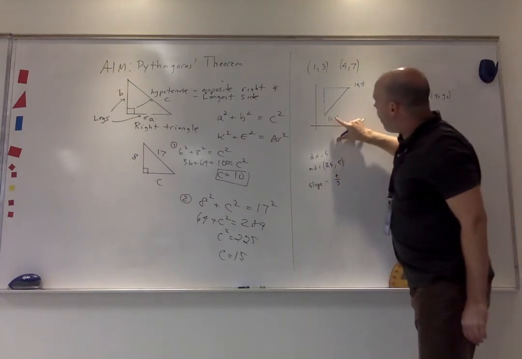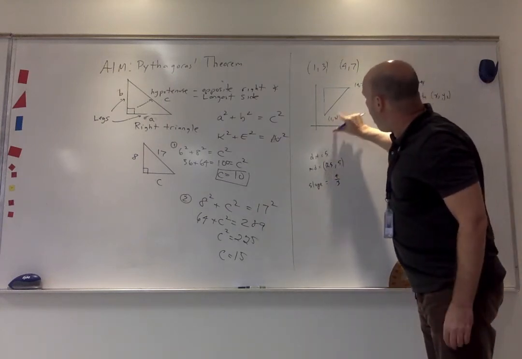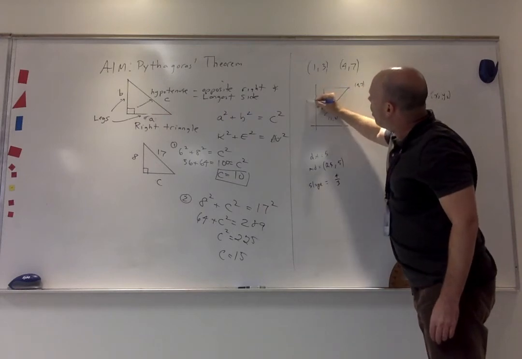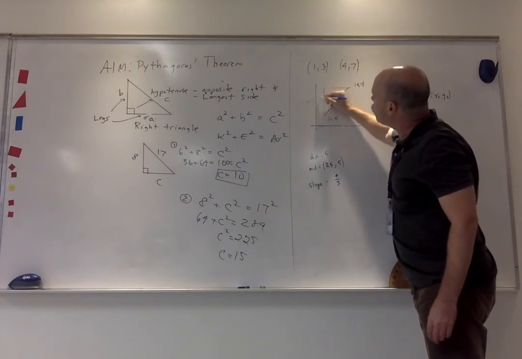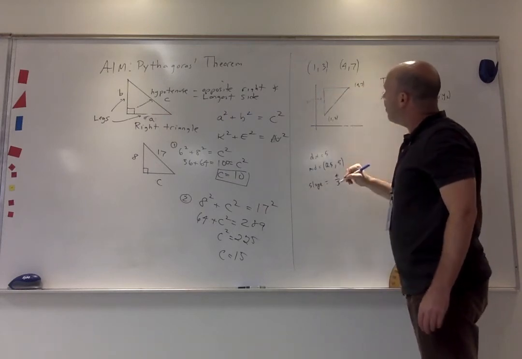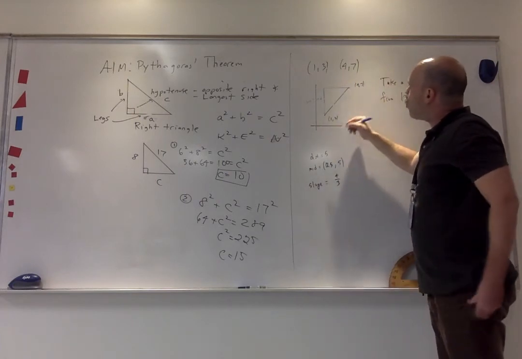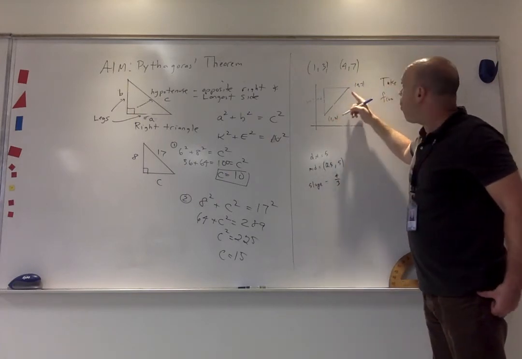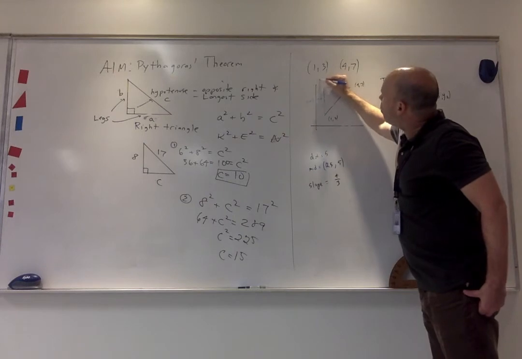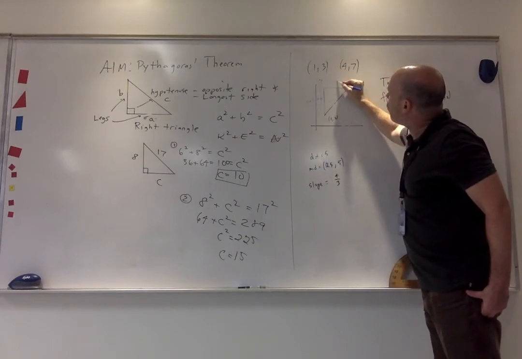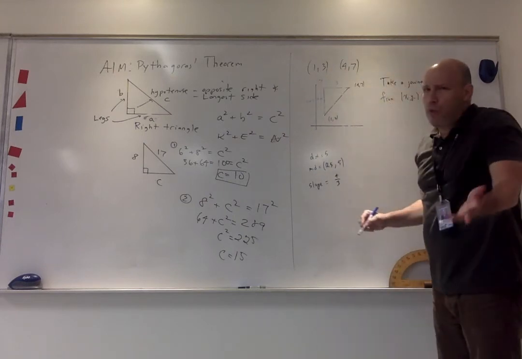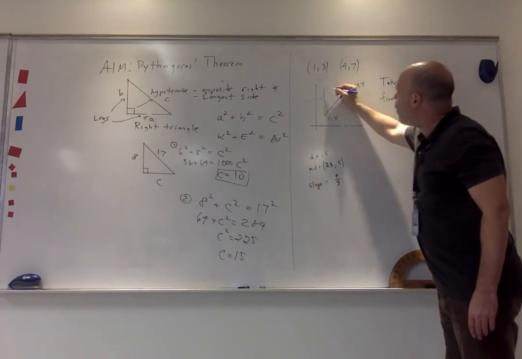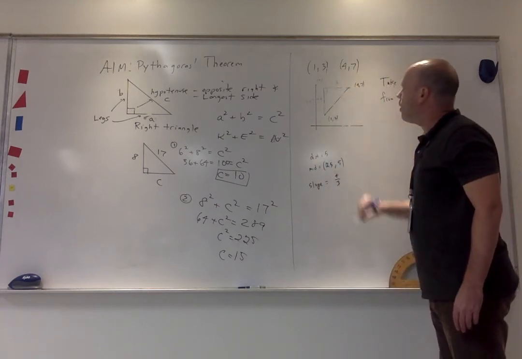So I say, okay, I went from 3 up to 7. 3 to 7, that's a journey of plus 4. Then I took a journey from 1 to 4. 1 to 4, that's a journey of 3. So you say, what's the point? Well, if you notice, we just made a right triangle.